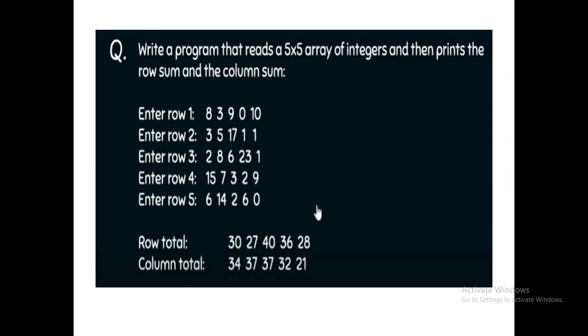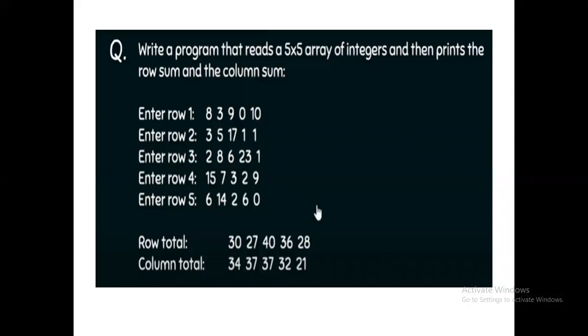Now I will be writing a program for a 5 by 5 array. So you can see there 8 3 9 0 10, 3 5 17 1 comma 1 2 8 6 23 comma 1 15 7 3 22 comma 9 6 4 6 14 2 6 0.